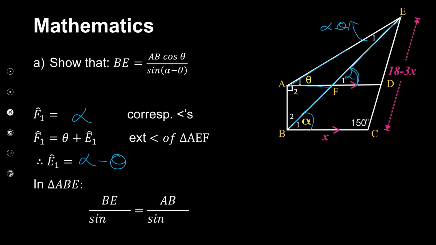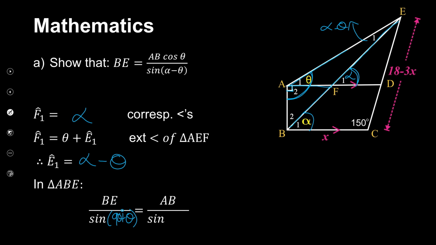Okay, so in triangle ABE, we have BE and the angle across it, so we're going to use the sine rule. BE and the sine of the angle across it. Remember this angle is 90 plus theta, equals AB and the angle across it.